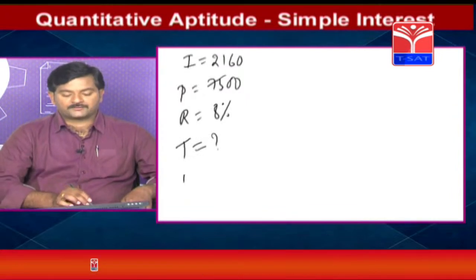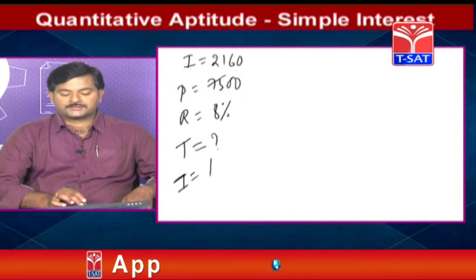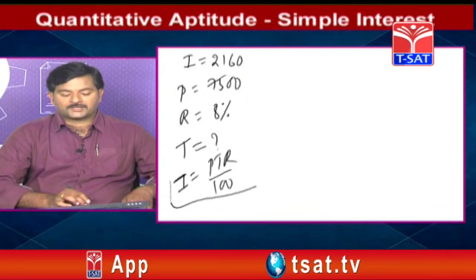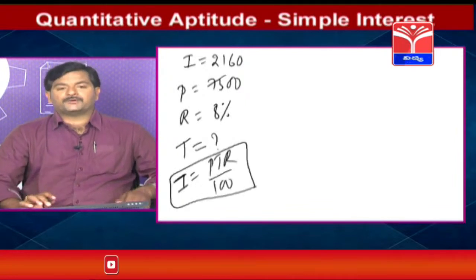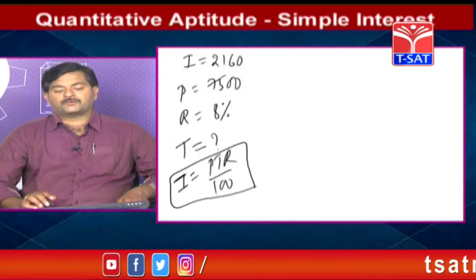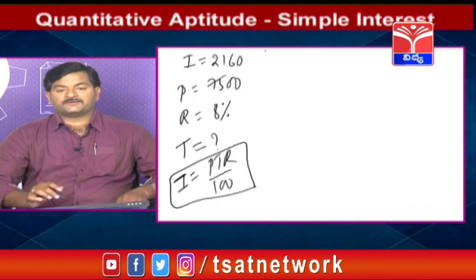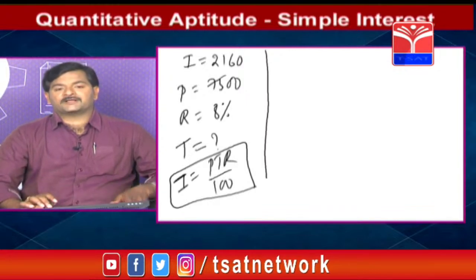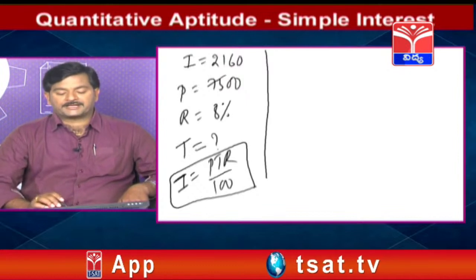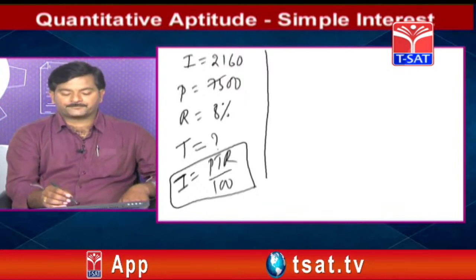Then he asked to find out, in what time, means T value we have to find out. So we have a formula, I is equal to PTR by 100, right? It's a basic formula. You can solve this question by using this formula, or just now I told you type 2 also. Type 2 is also very easy, which is by using the rate of interest concept. See, observe here, I is equal to PTR by 100, but here we need to find out T, right?